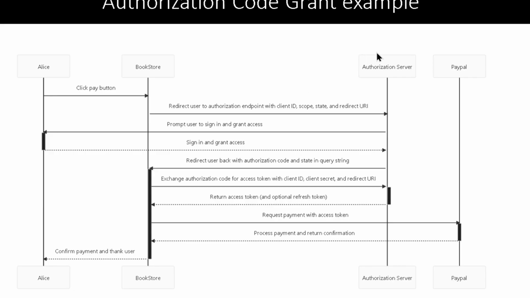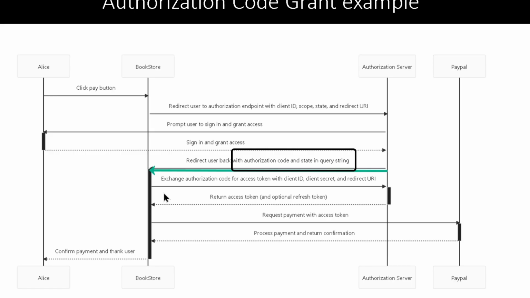And the browser would ask her to grant or deny the access request from the bookstore. Alice then grants the access, and the authorization server redirects her back to the bookstore with the URI provided. The redirect URI includes an authorization code and a state in the query string to indicate the state of the authorization process. And we will dive deeper into those things in a little bit.